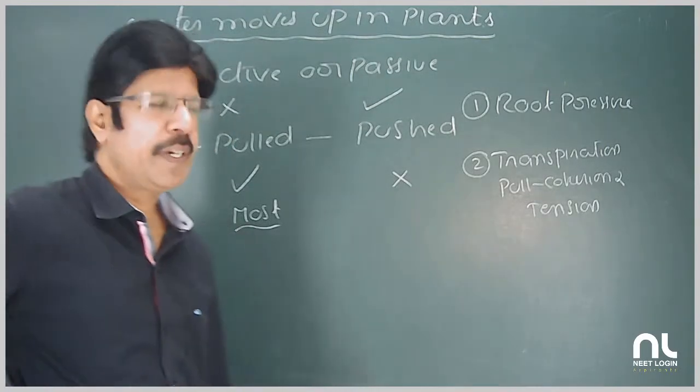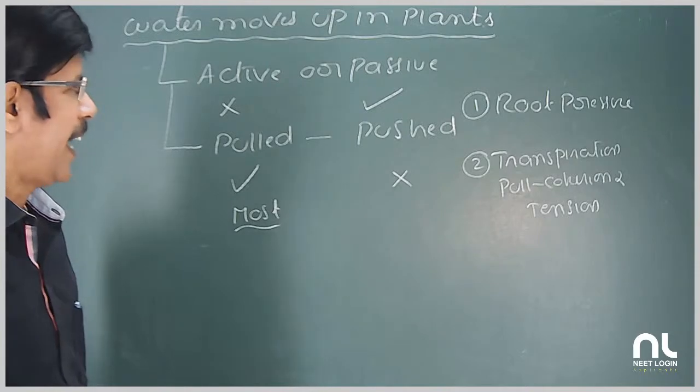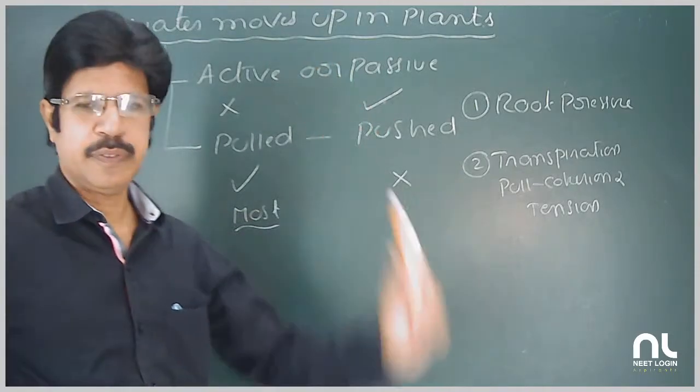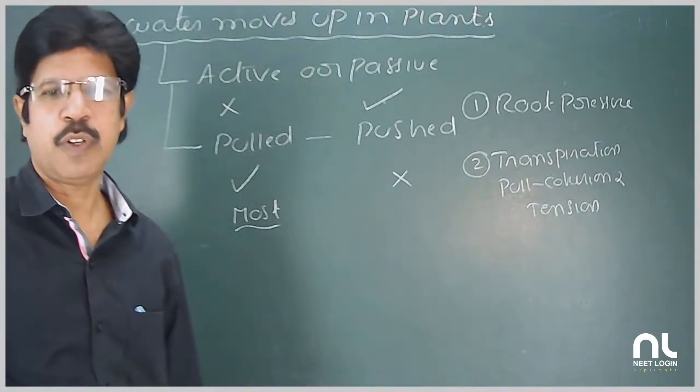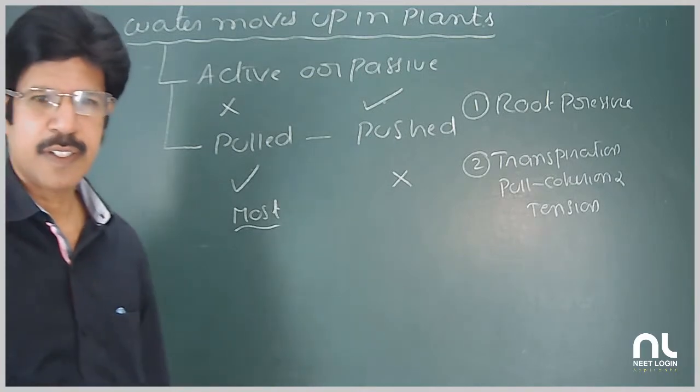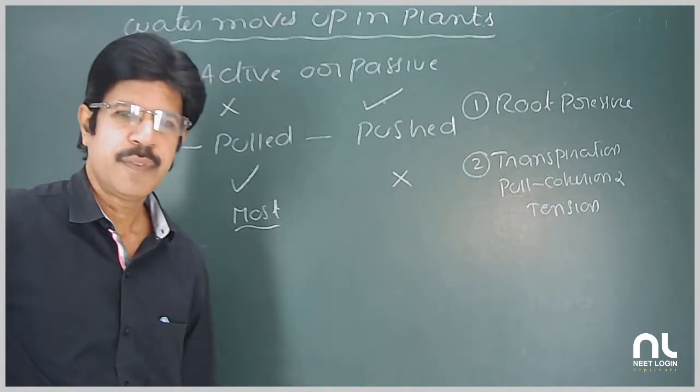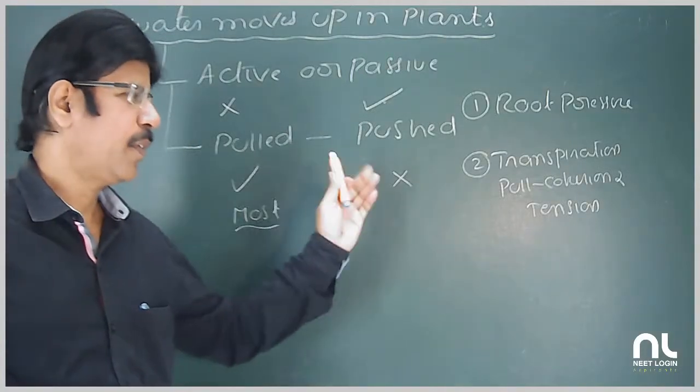Whether water movement up in the plant is active or passive, it is passive. Whether pulled or pushed, most of the plant's requirement is met by pulling only, not by pushing.